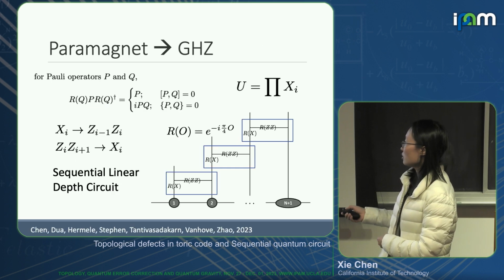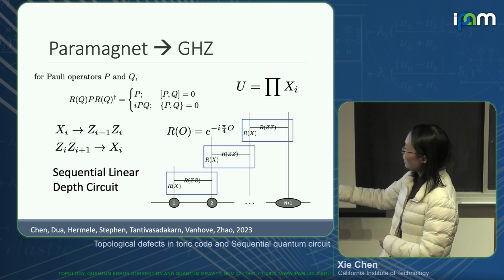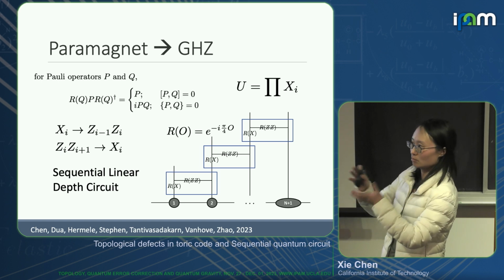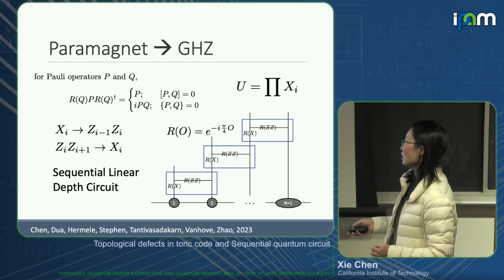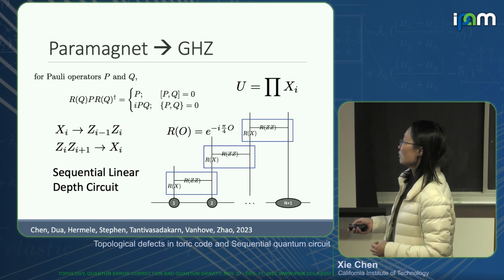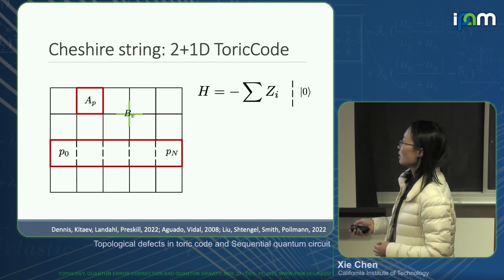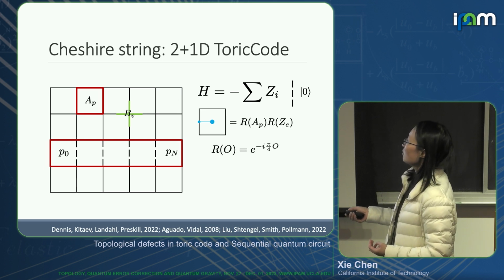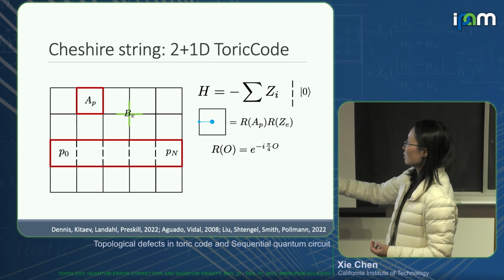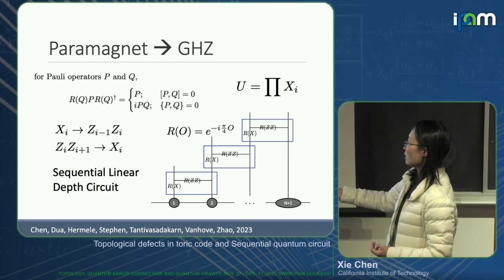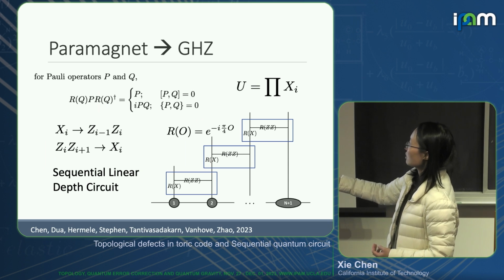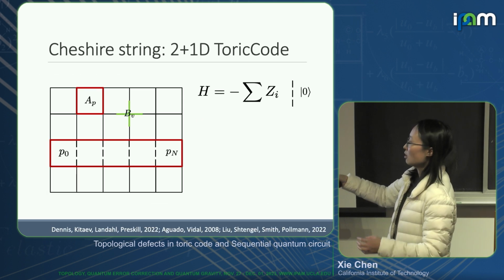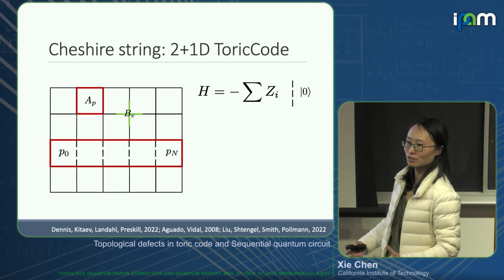Right, and how do we start from this circuit? How do we massage it and turn it into a circuit for generating the Cheshire defect? The observation is very simple, because this story is basically the same story of mapping a symmetric state to a symmetry breaking state, but coupled to a gauge field, right?